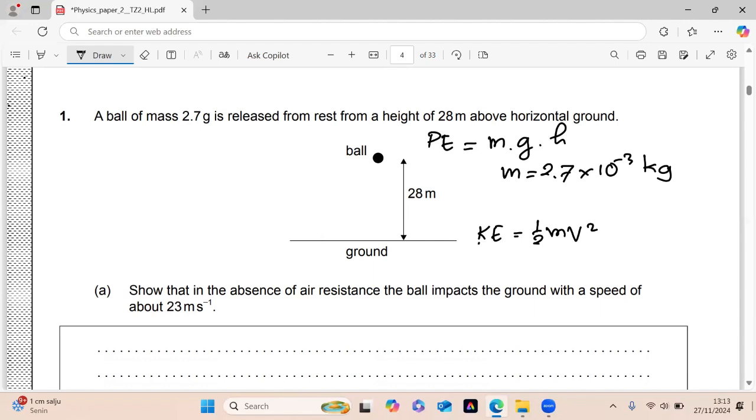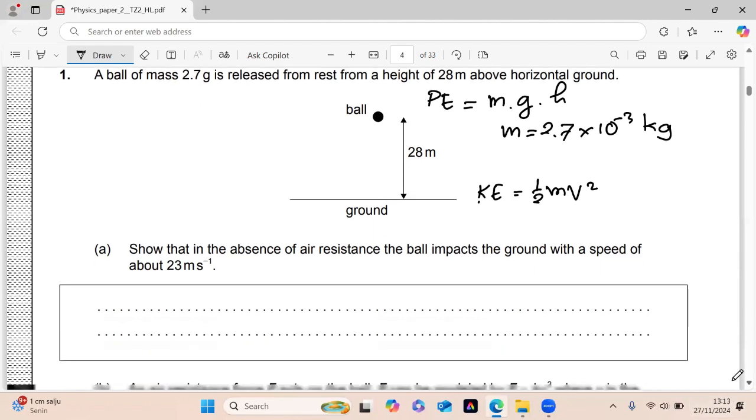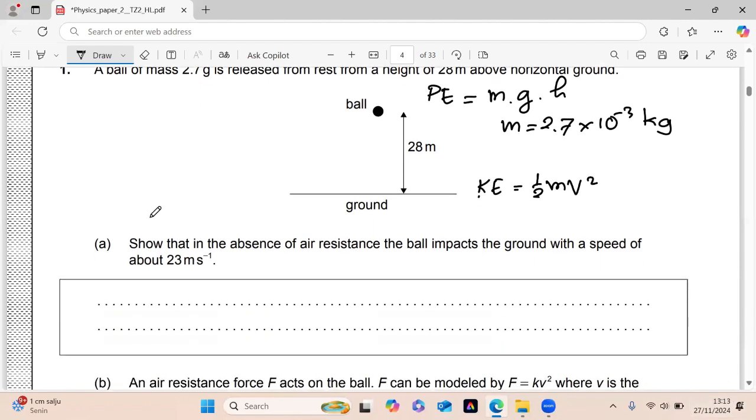Right. So it means, show that in the absence of air resistance, the ball impacts the ground with a speed of about 23 meters per second. So I'm going to use a formula.